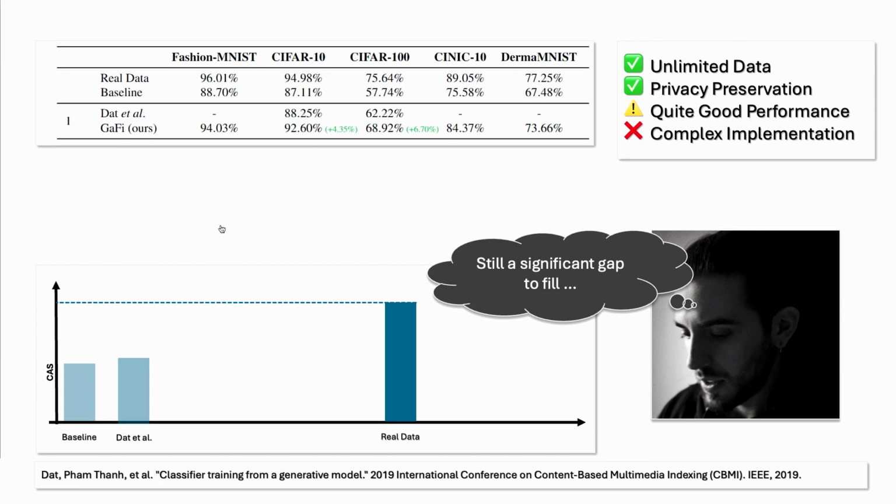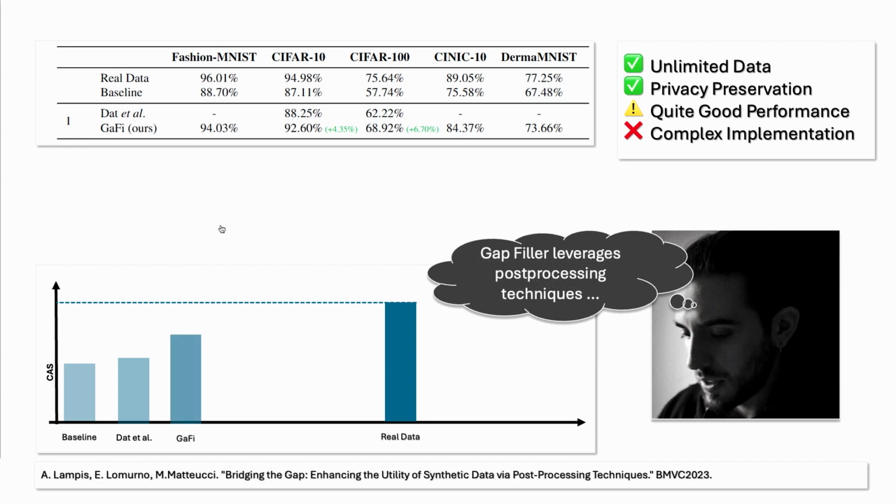So we started working on this with the idea of filling this gap. And we developed a technique, which is called gap filler, GAFI. The idea is not to retrain the generator, but to post-process the data acquired from a generator, maybe by resampling with a higher variance in order to explore a bigger part of the embedding space, or by sampling and discarding based on the usefulness of that sample to train a classifier.